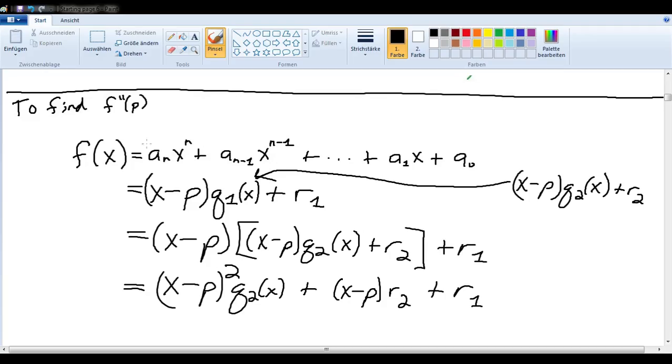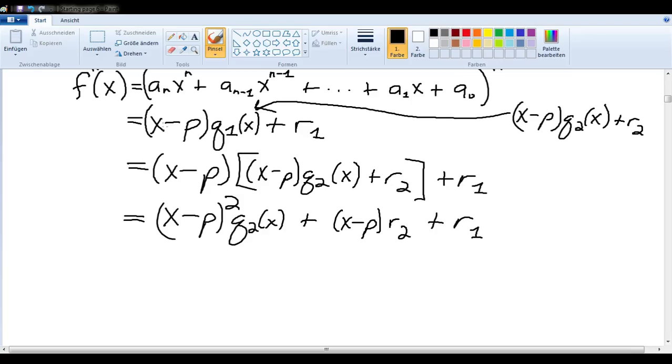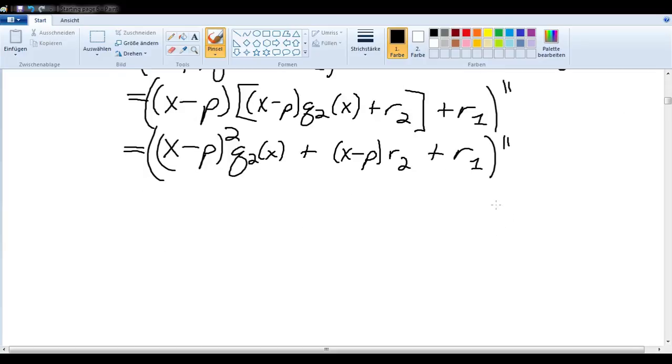Now we wanted to find the second derivative here, so we'll just add a couple of apostrophes here and say that we're taking the second derivative of all this business. So all we have to do now is take those two derivatives.